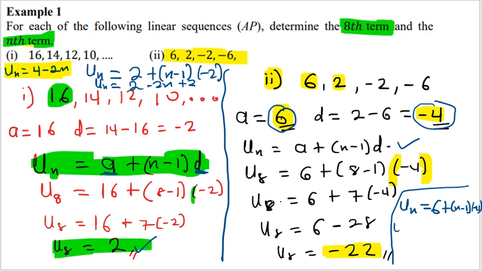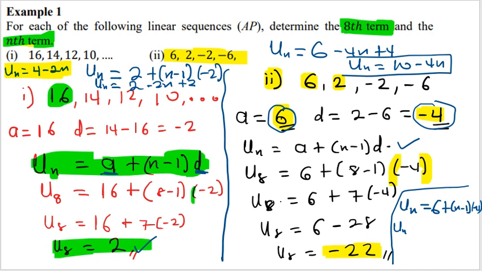Then we can simplify. UN is equal to 6, then we expand. So negative 4n, then negative times negative is positive 4. So we have UN equal to 10 minus 4n, and that is your nth term.